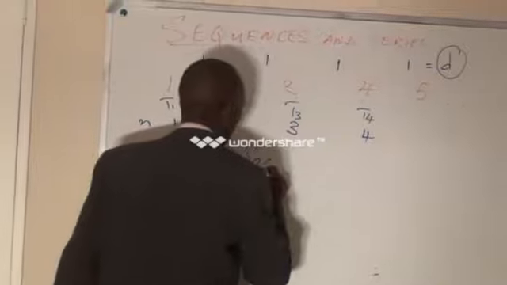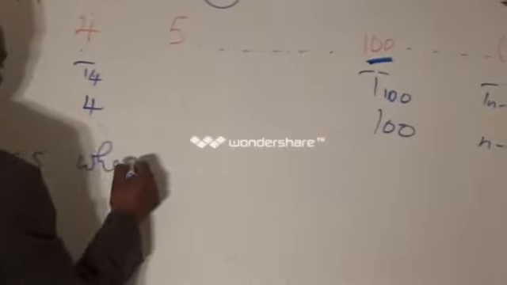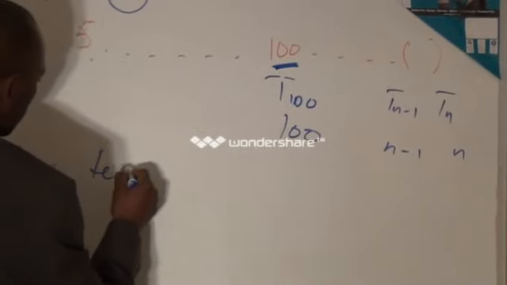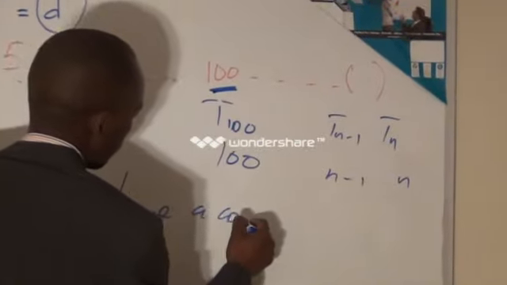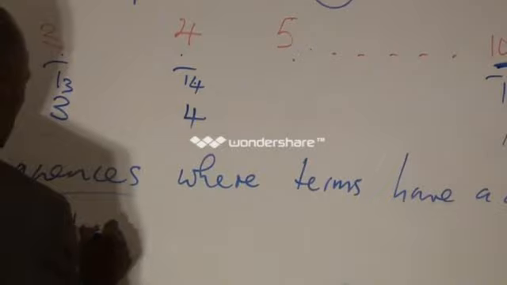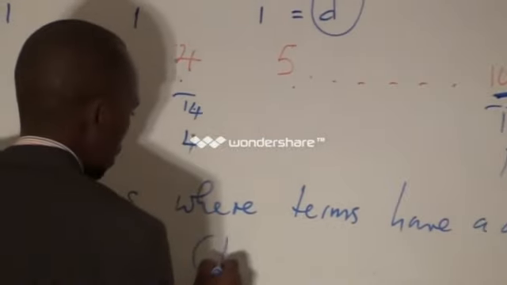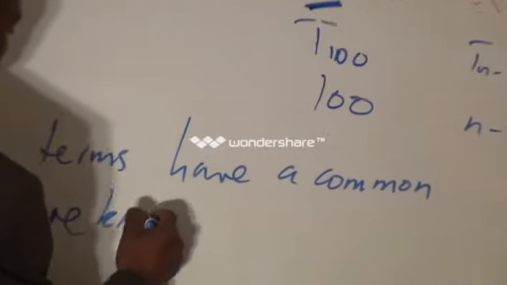So sequences where terms have a common difference d in general are known as arithmetic sequences.